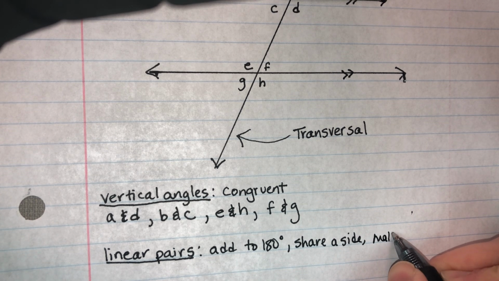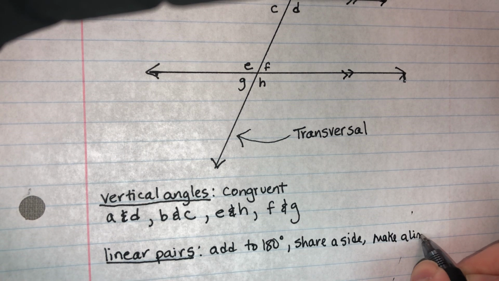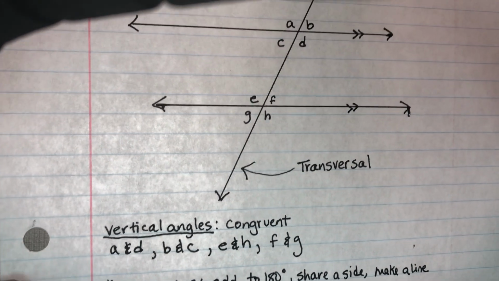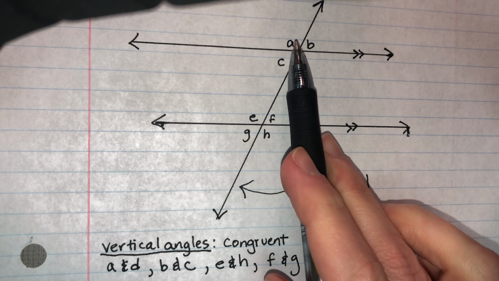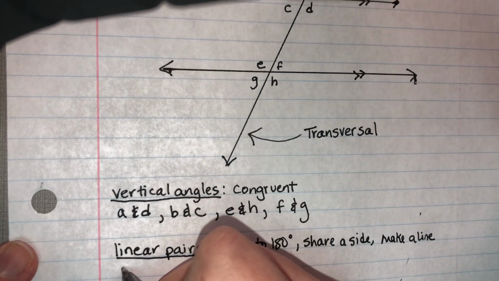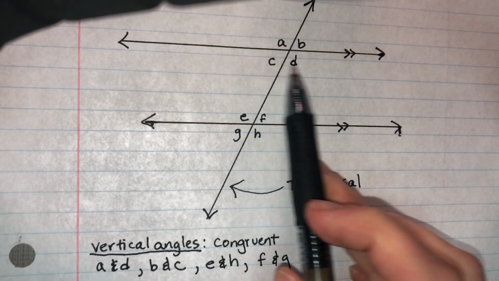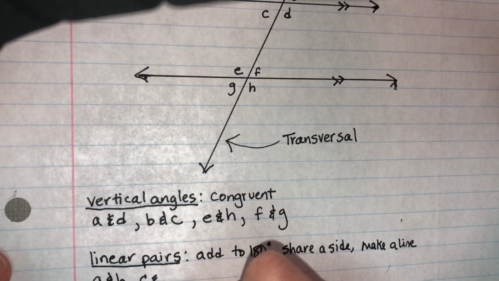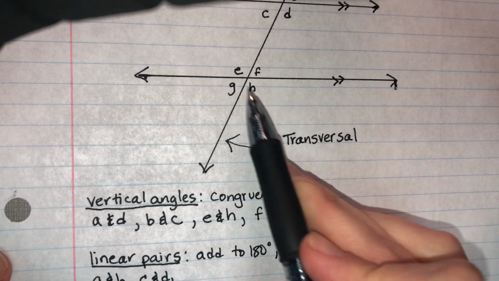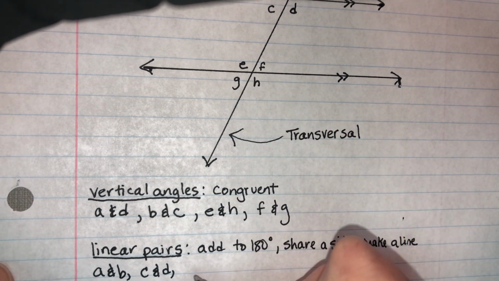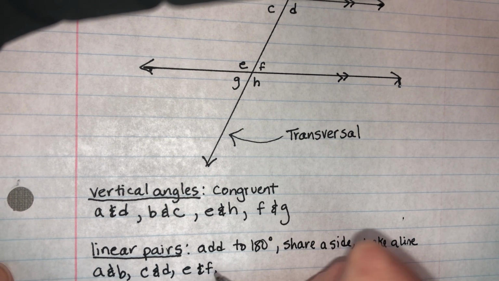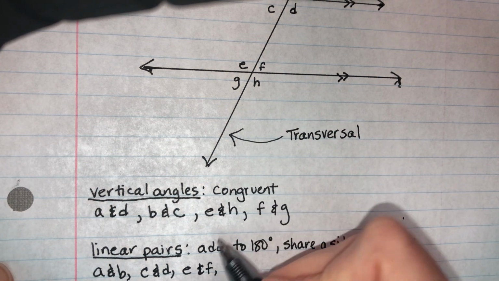So they make a line. Okay, so if you take a look at this picture, we have a linear pair A and B. Also, C and D. E and F. G and H.